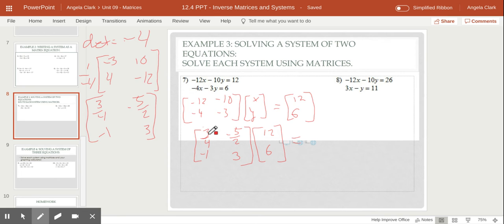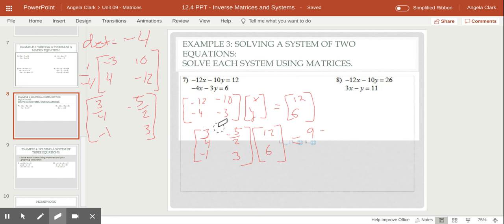So I'm going to have 3/4 times 12. 3/4 times 12 is 9. Plus, I'm going to forget, so let's just write the 9. Then negative 5/2 times 6.